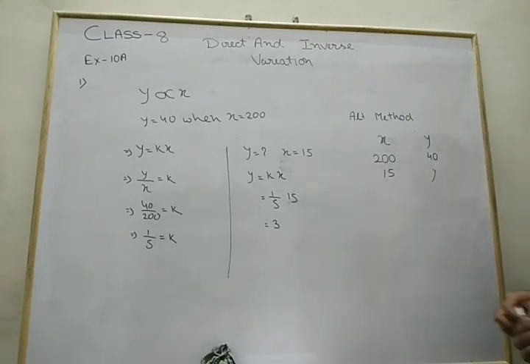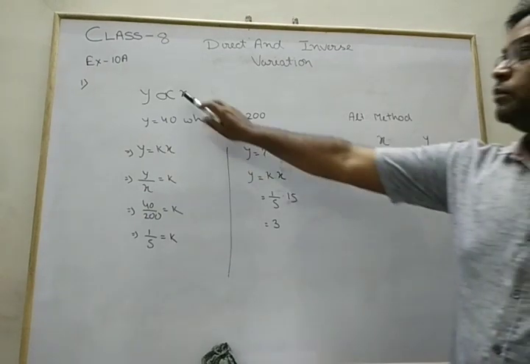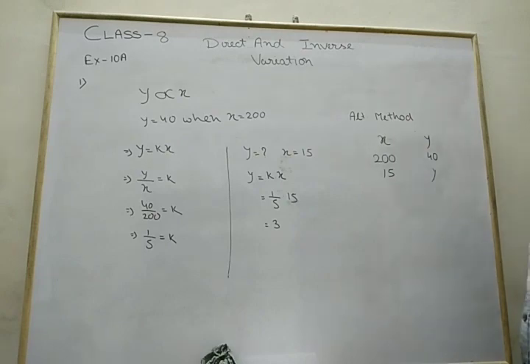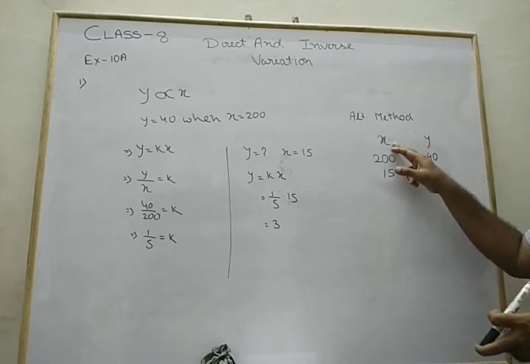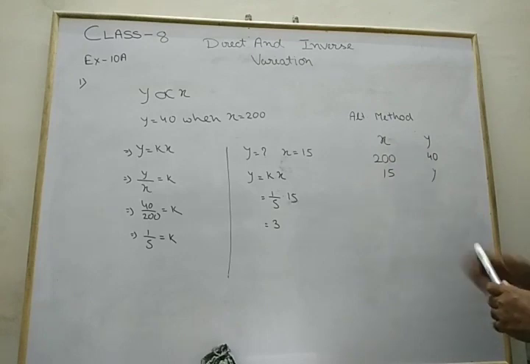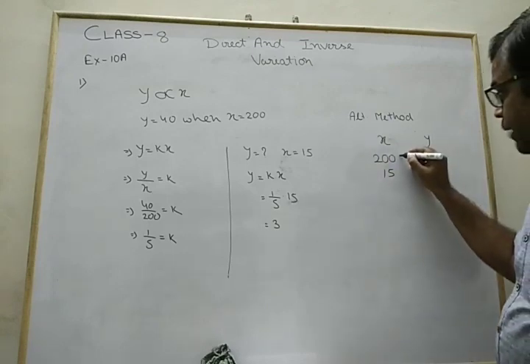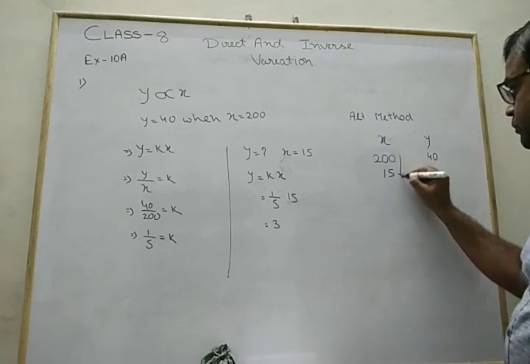As we know, it says that it varies directly, which means if x changes, y changes, and if x increases, y increases, x decreases, y decreases. So there is a direct variation. We must plot some arrow mark likewise.